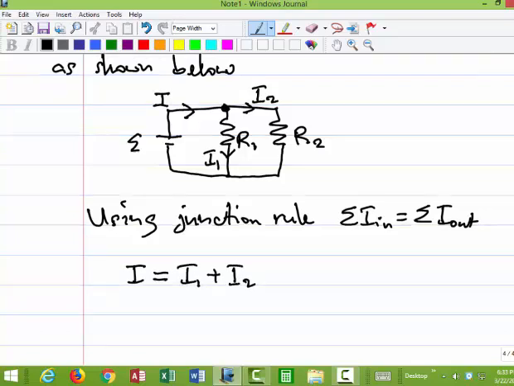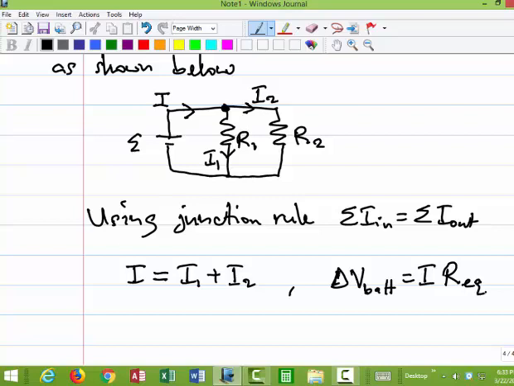leaving the junction. Then if we look at two loops there, we'll see that the battery is connected in parallel across both R1 and R2. So we can say that by Ohm's law, the total potential drop across the circuit, across the battery, is equal to I times an equivalent resistance, like that.